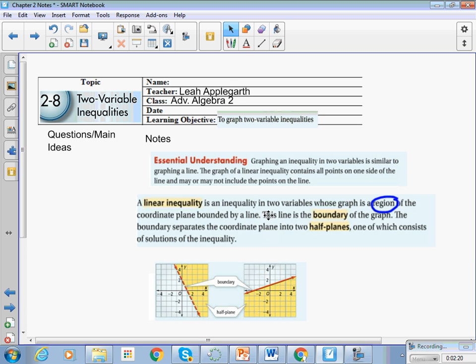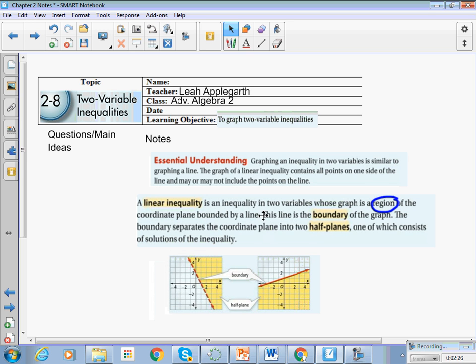This picture will take care of the boundary and the half plane. So instead of writing this line as the boundary, just draw the picture and point to the line that's the boundary. If you already wrote it, then yay for you. You still have to draw the graph because a picture's worth 1,000 words, right?